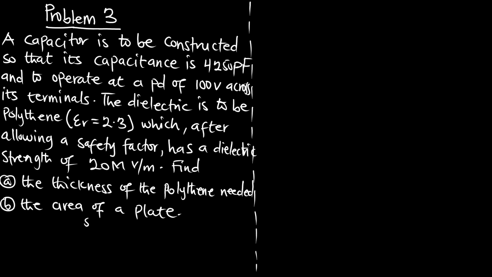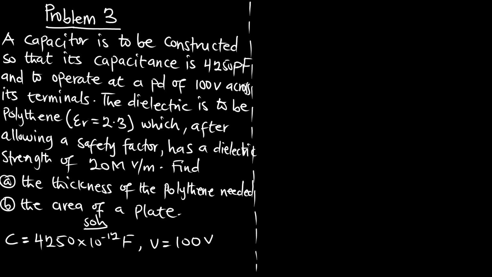So let's write down our parameters from the question so that we can see how best we will try. The capacitance is given, which is 4250 pico, 10 to the power negative 12 farad. Are we okay? We also have the PD, which is the voltage across its terminals, to be 100 volts.